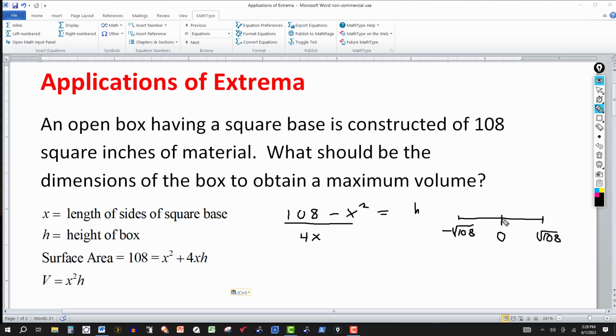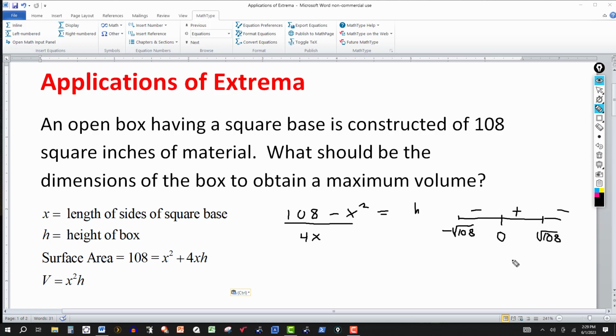So we're talking about the interval x greater than 0. If I pick a number greater than 10.4, let's call it 11, I'm going to get a negative number to the right of this. And if I pick a number between 0 and 10, say 5, this will be positive. Not concerned with the left of 0, but it's going to be negative over here. So positive here and negative here.